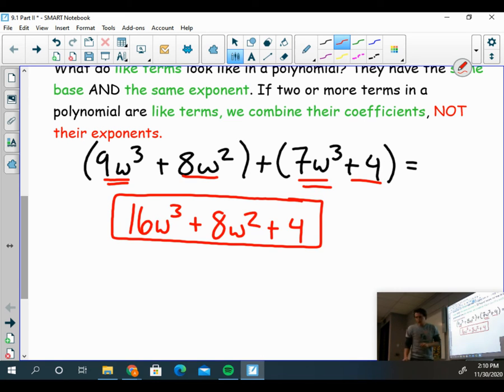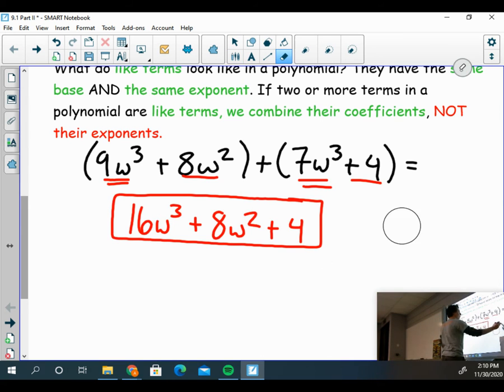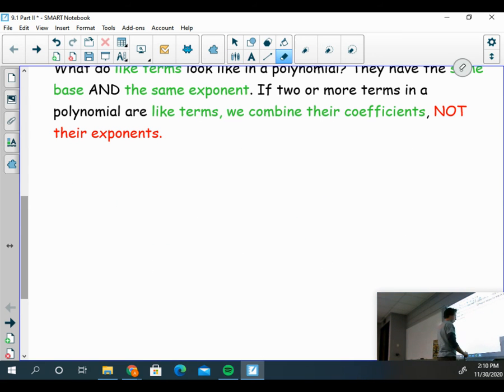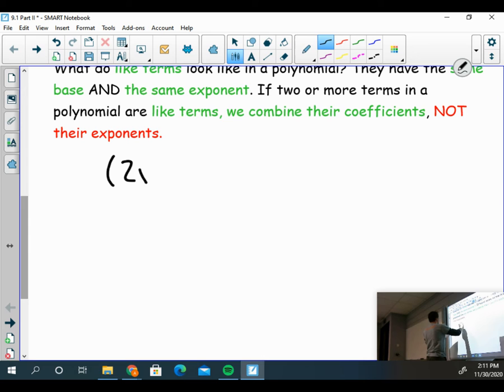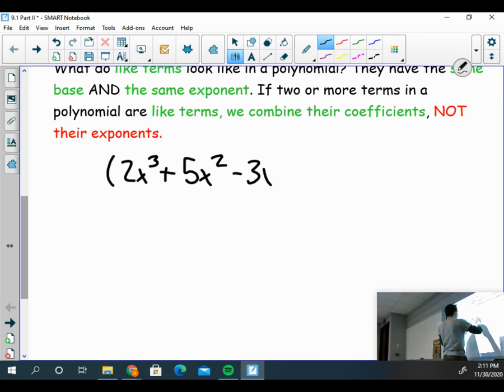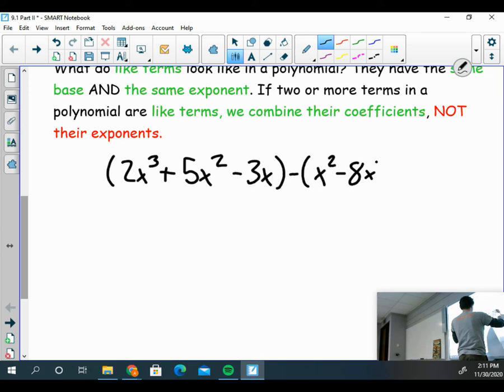All right, let's do 2 more examples, and then you will be all good for your practice. 2x cubed plus 5x squared minus 3x minus x squared minus 8x squared.